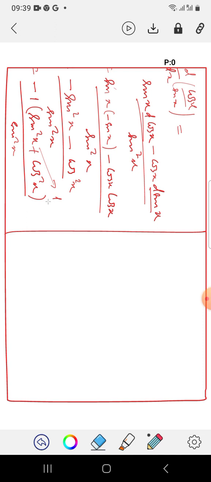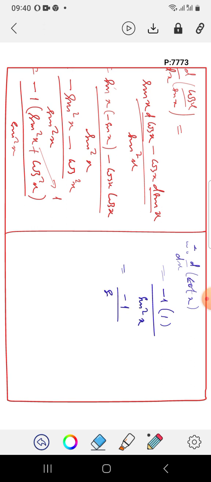This is 1. So moving on to the next page, therefore d/dx of cot x is definitely going to give you minus 1 times 1 over sine squared x, which is minus 1 over sine squared x.